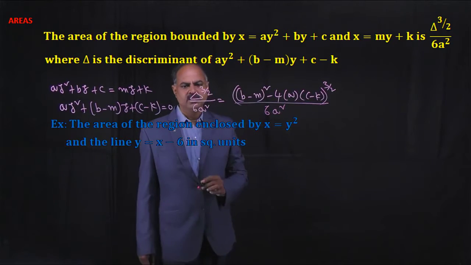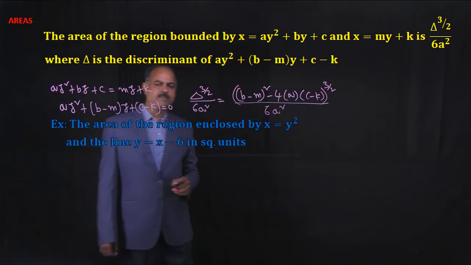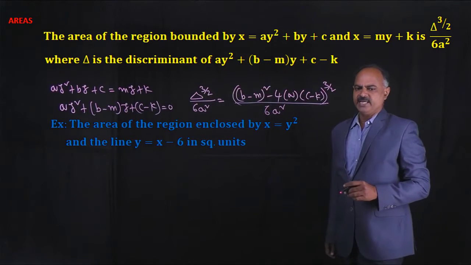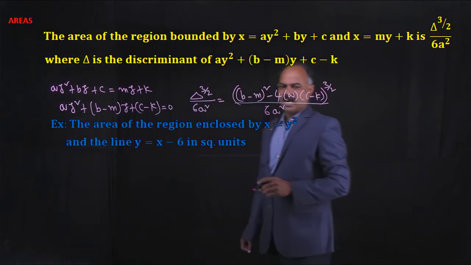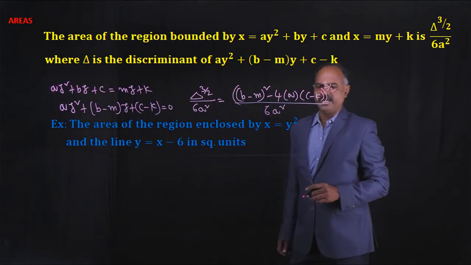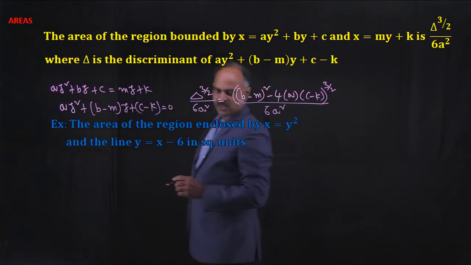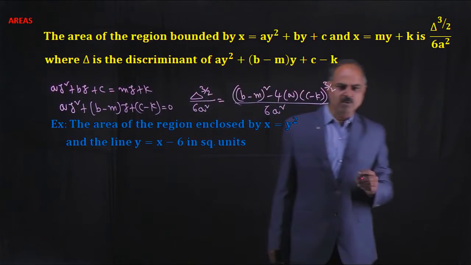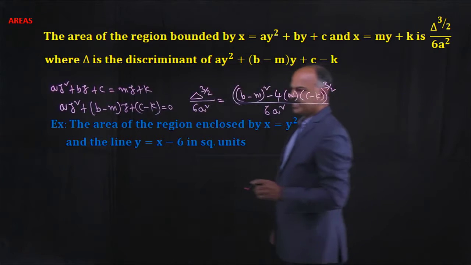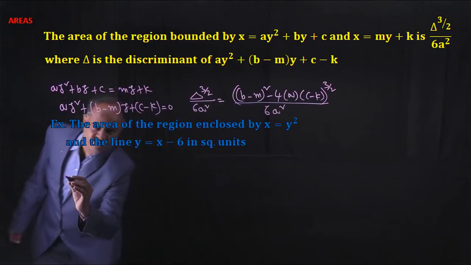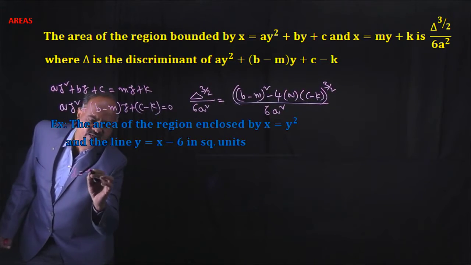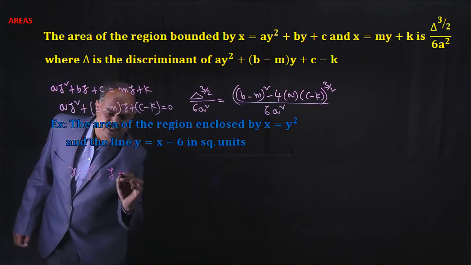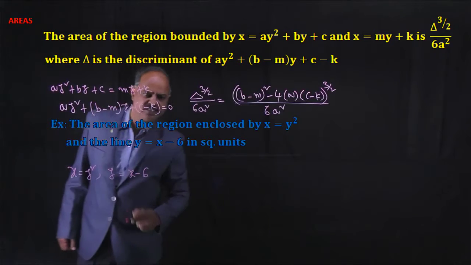So suppose, for example, the area of the region bounded by x = y² and the line y = x − 6, in square units. Given x = y² and y = x − 6.